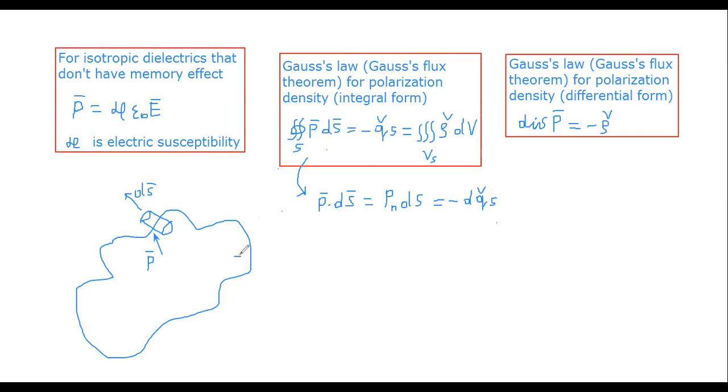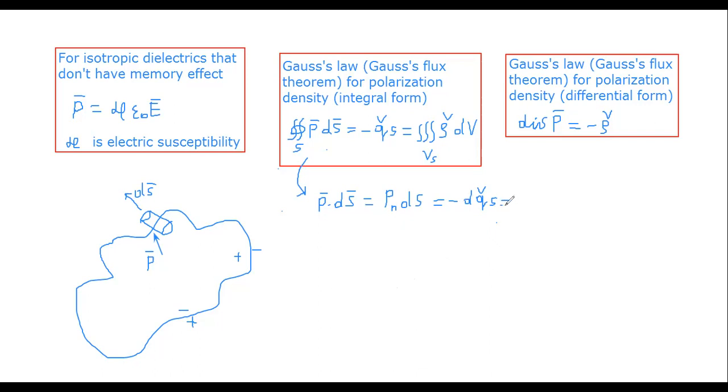If the charge inside dielectric is positive, we will have negative charge on the surface. And if we have negative charge inside dielectric, there will be positive charge on the surface.